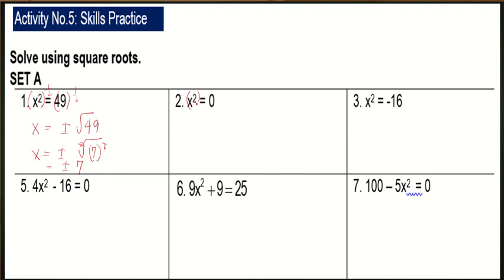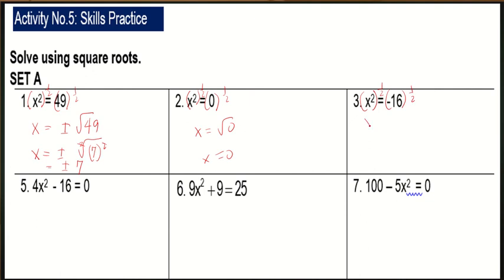And obviously here, this is x equals square root of 0, x equals 0. We only have one solution here, and here we have two solutions. Okay, obviously here, we have two imaginary solutions. So we raise both sides to 1/2.